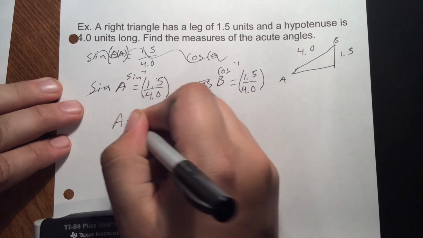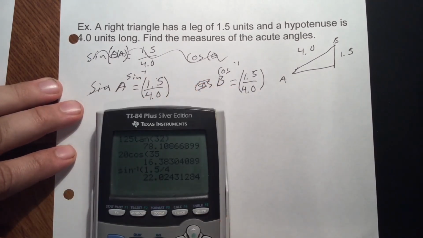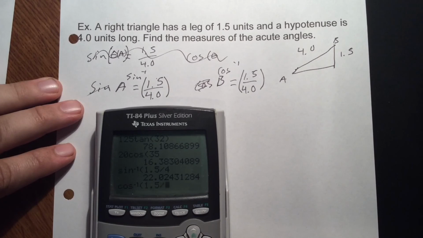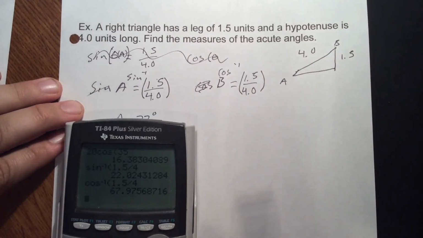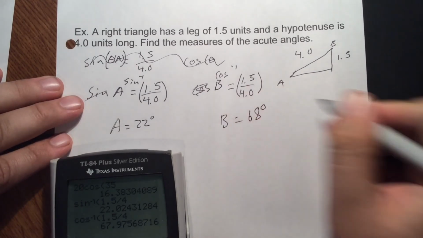So A would equal 22 degrees. If we do B now, second cosine, 1.5 divided by 4, which would round up to 68. So B would equal 68 degrees.